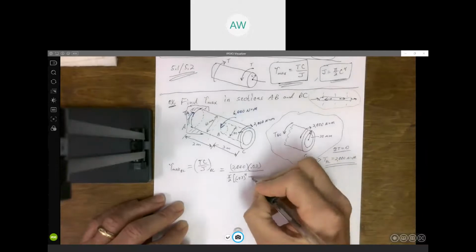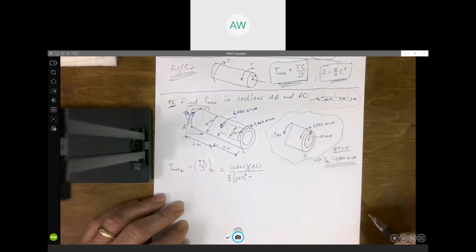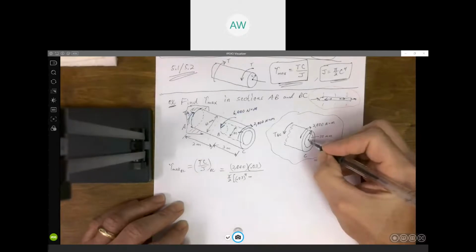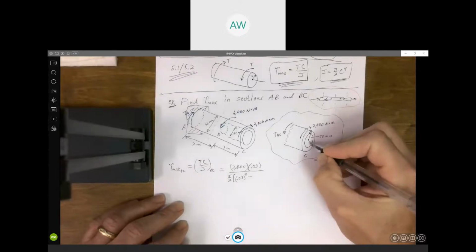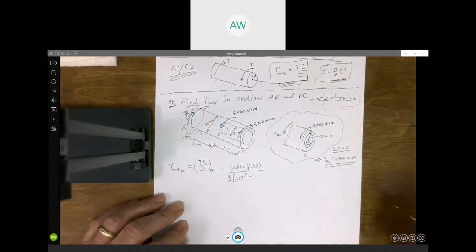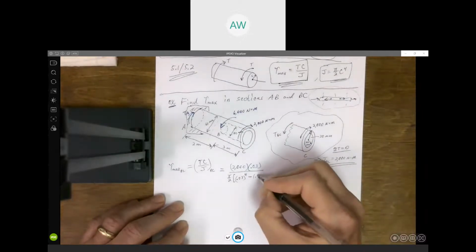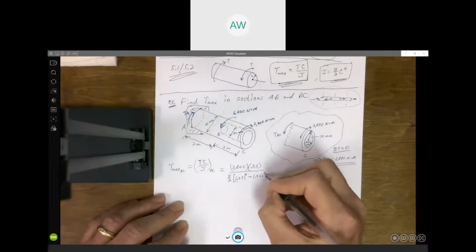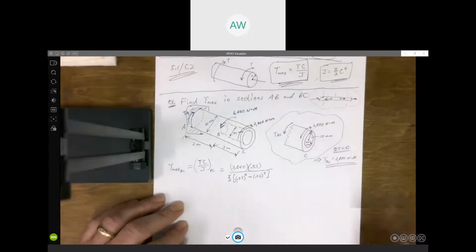And then we're going to subtract the inner radius, from here to here. That's pretty small, maybe 20 millimeters, right? The hollow part's got a diameter of 40. So the radius is 20 millimeters or 0.02 meters. And we subtract that.